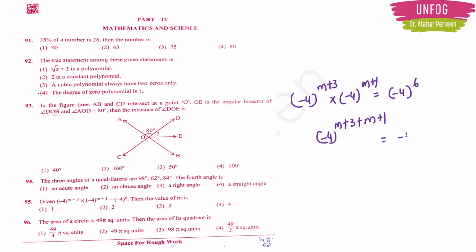In the right hand side, you have (minus 4) to the 6. Now you can equate only the powers, right? So you will have 2m plus 4 is equal to 6. With this, you will get m is equal to (6 minus 4) by 2, right? So this one will be equal to 1. So option 1 should be the correct answer here.